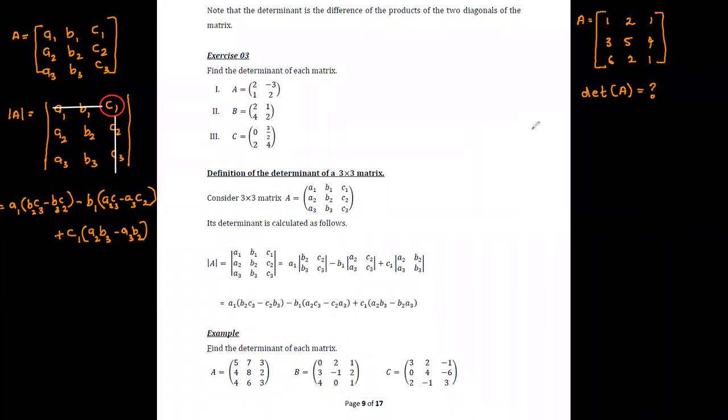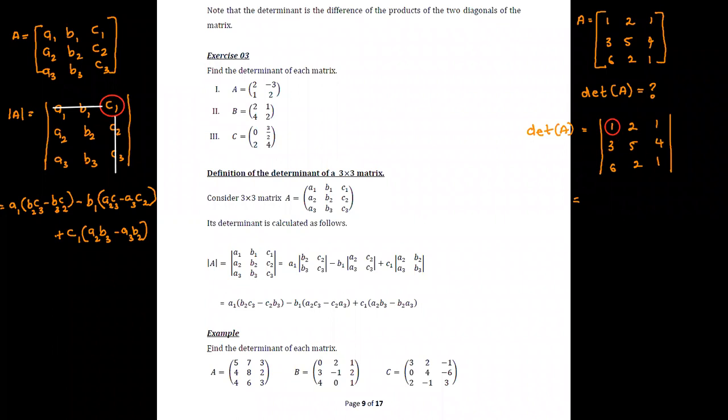Since we are asked to calculate the determinant of this matrix, first we will write down the values. Here it is 1, 2, and 1, 3, 5, and 4, 6, 2, and 1. Now, using the concept that we have used previously, first we have to identify the value in the first row, first column.